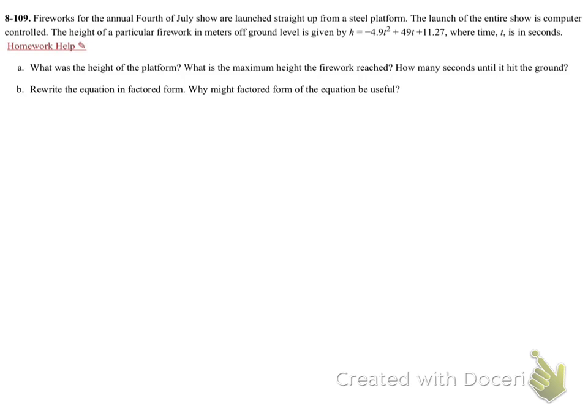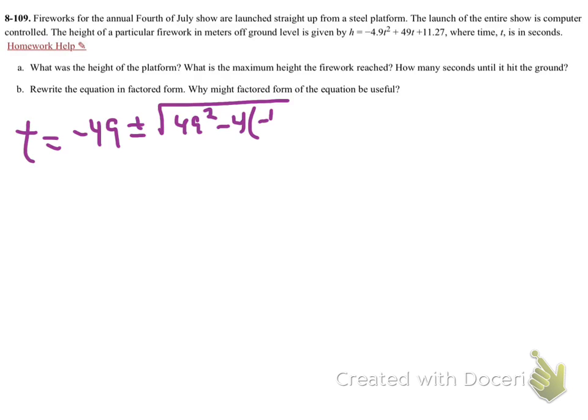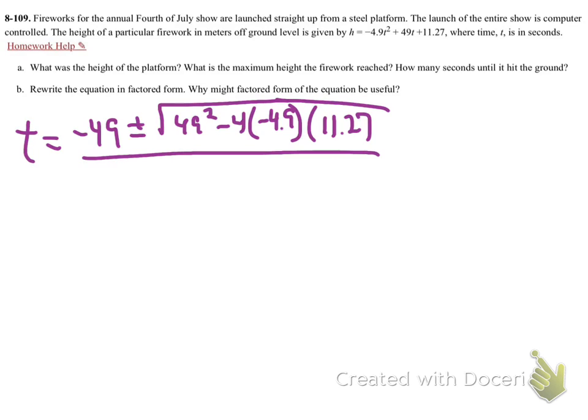So I'm solving for t. I'm going to have the opposite of b plus or minus the square root of 49 squared minus 4 times my a value times my c value, all divided by 2 times my a value.